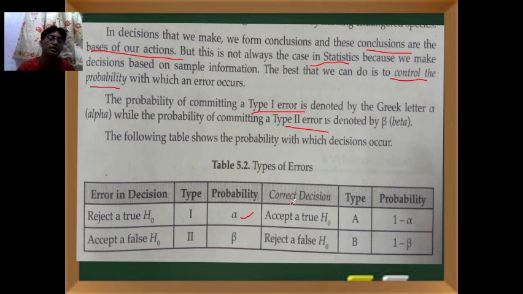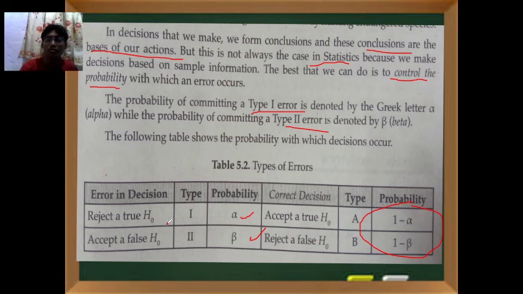Same with the second probability, accept the false. So that means that you are committing the type 2 error and it also has a margin of error. And the probability of the correct decision that you have is the level of confidence.